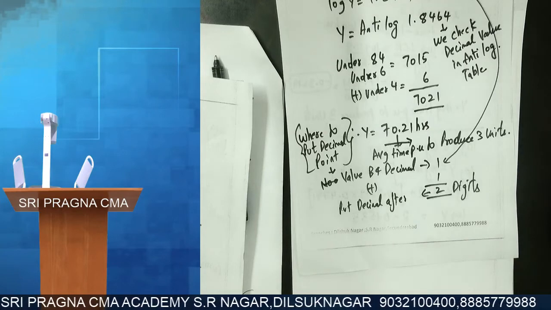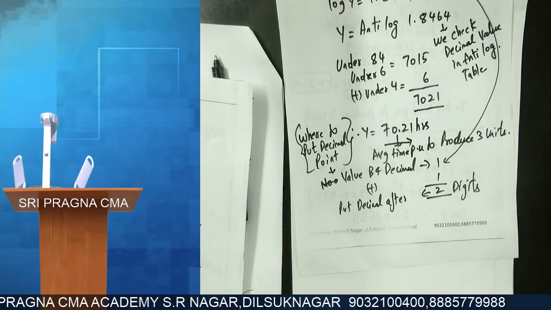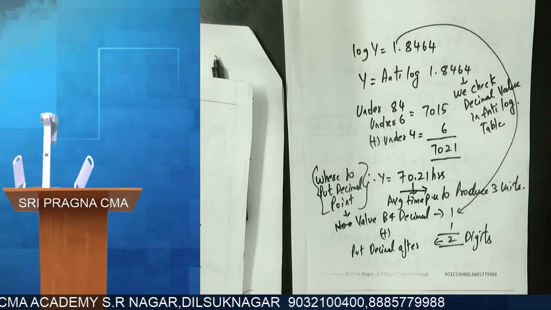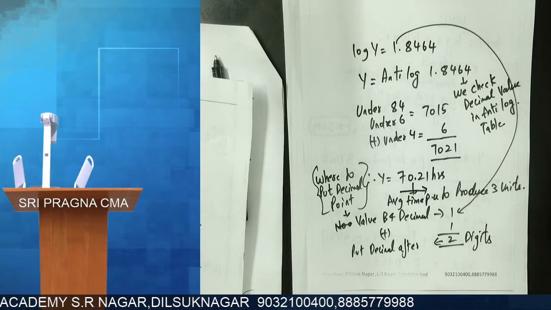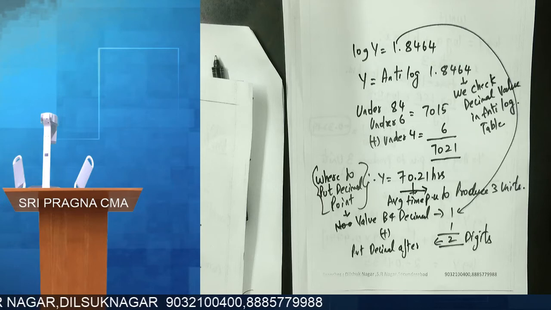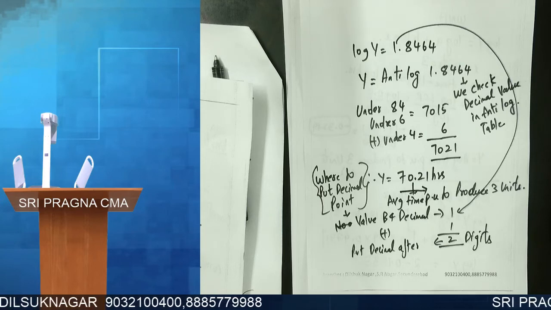Listen, listen. If this value was 2 point, assume. So where will you put the decimal? After 3 digits, 2 plus 1.